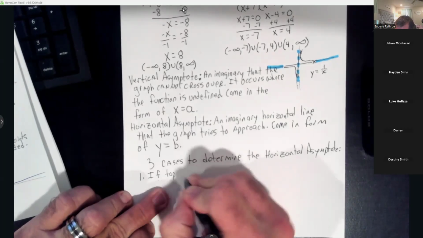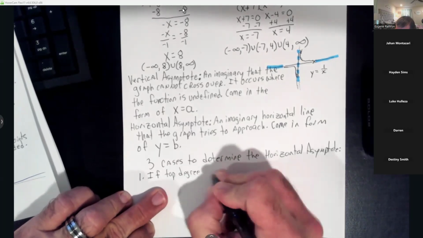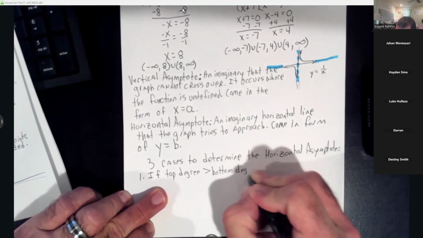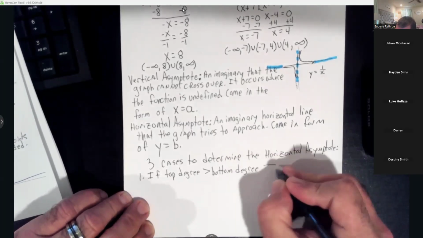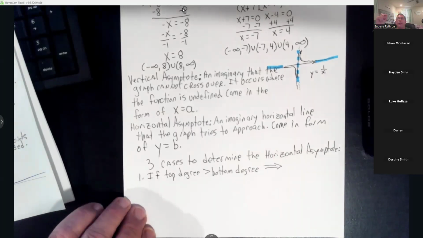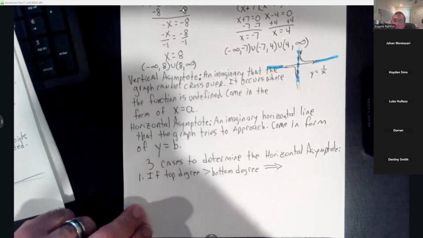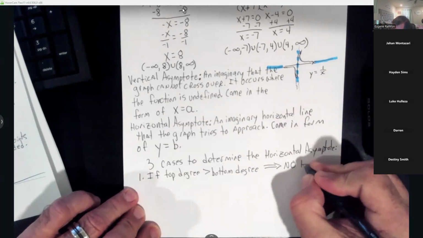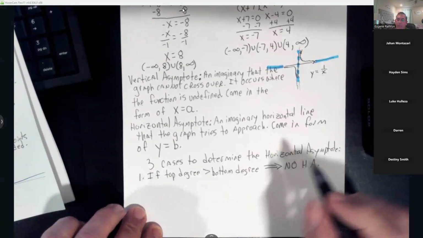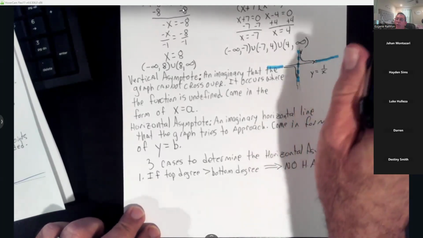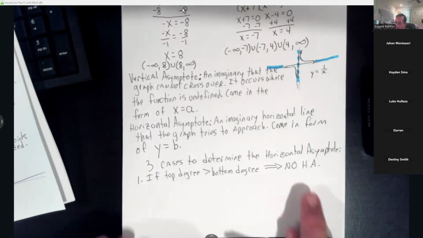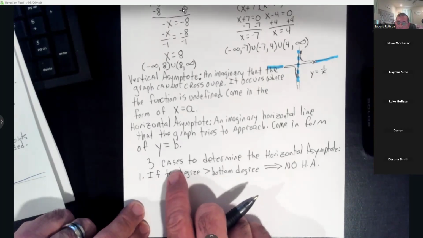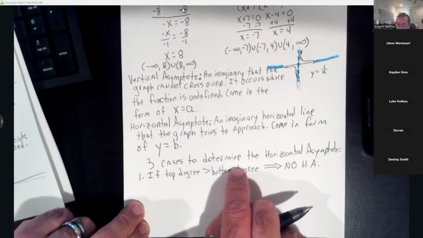If the top degree is greater than the bottom degree, so if the top has a bigger exponent than the bottom, then there would be no horizontal asymptote. Y'all, because your graph is just going to shoot towards infinity and it will have no asymptote that it's trying to reach. That happens when the top exponent is higher than the bottom exponent.